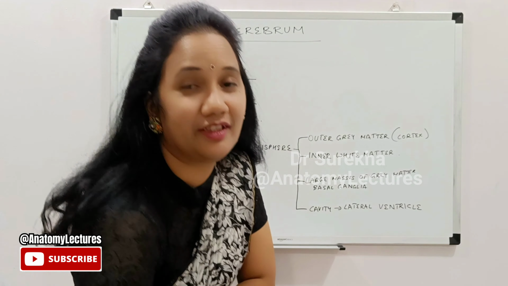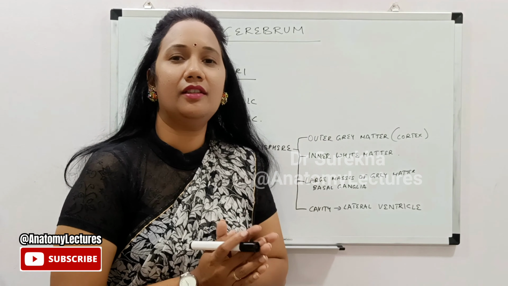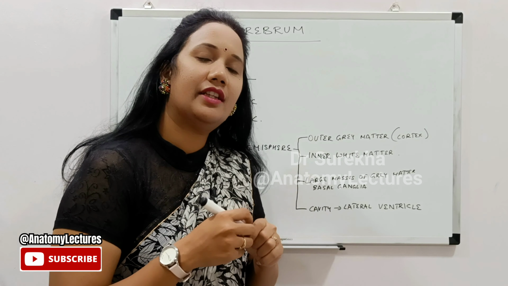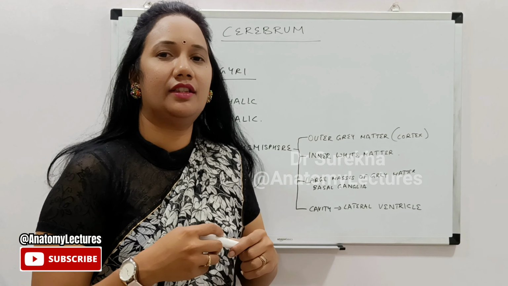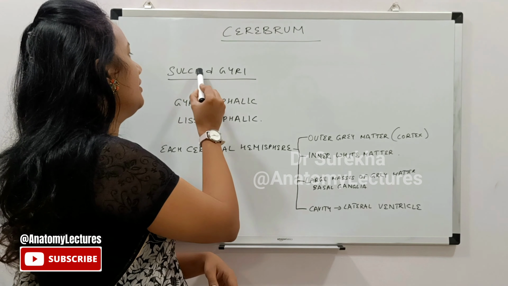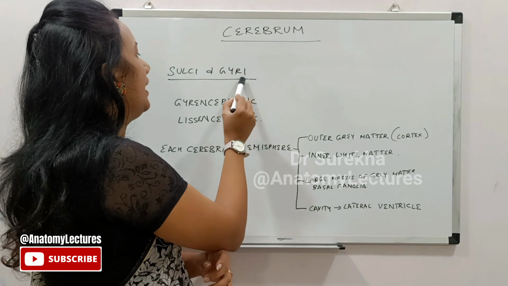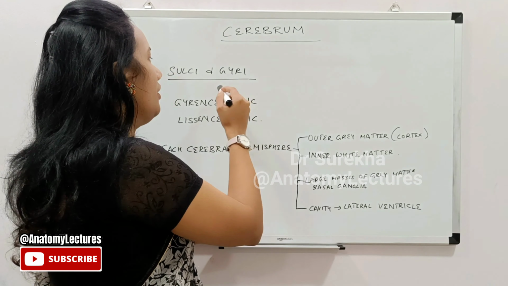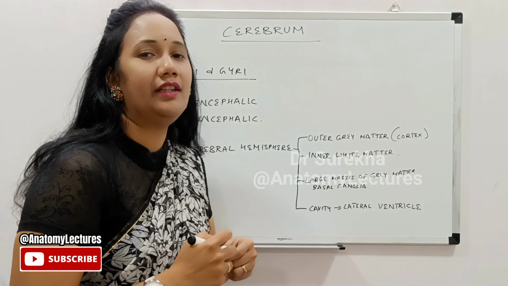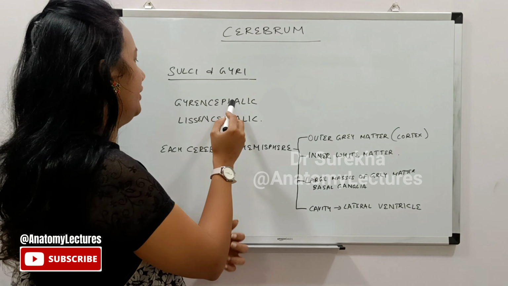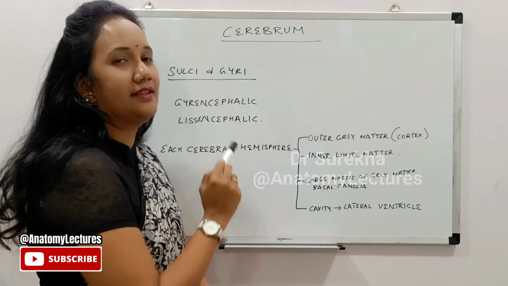As I told you previously, in order to accommodate the big cerebral hemispheres within the rigid cranial cavity, they fold themselves and form convolutions separated by fissures. Those convolutions are called gyri and the fissures are called sulci. Based on the presence of gyri, the cerebral hemispheres are divided into gyrencephalic and lissencephalic.